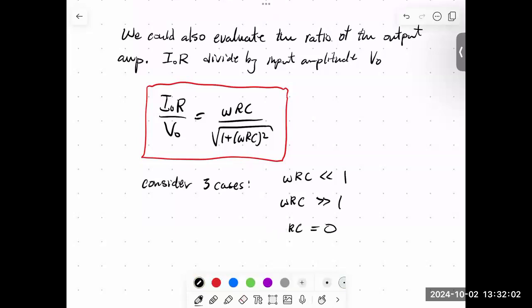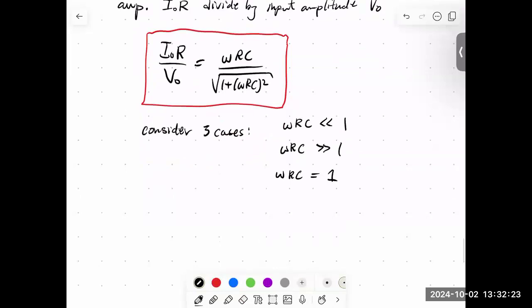We'll call that a special frequency. We'll define what we mean by the subscript C in a second. Let's just leave it as omega RC equal to 1 for now. Okay, you tell me what's going to happen when omega RC is really small. What's going to happen to this denominator?